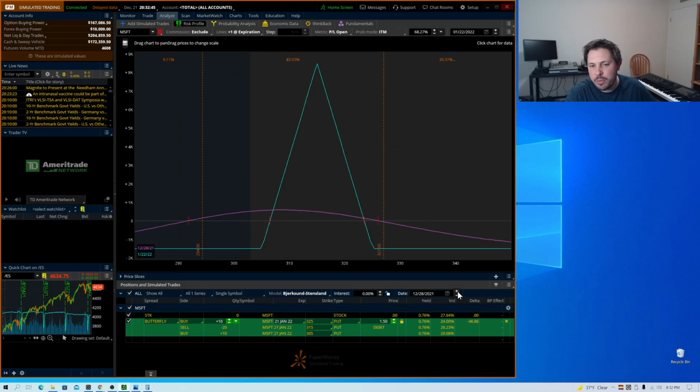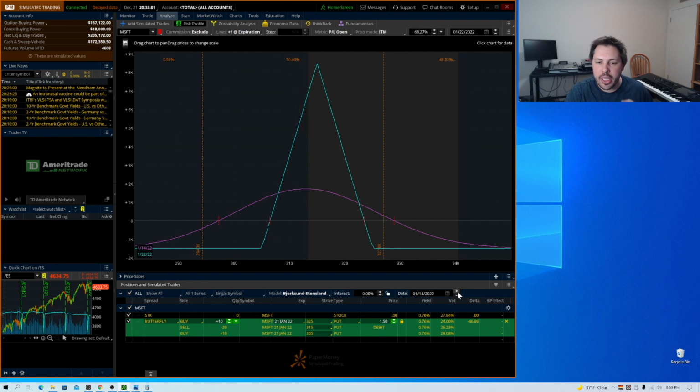As time goes by, the P&L on this is changing because of the passage of time, right? Because we're constructing this spread where we're buying options and we're selling options.